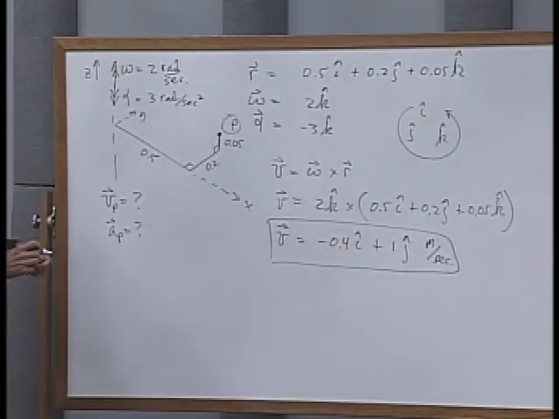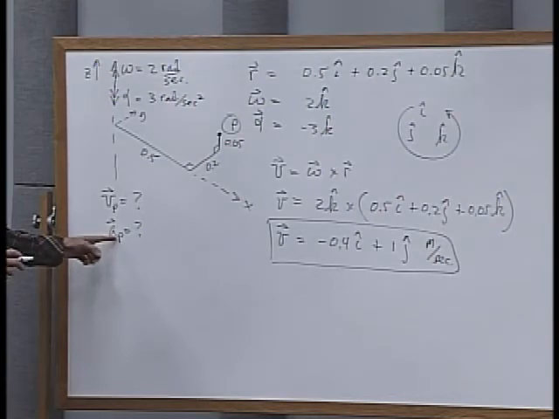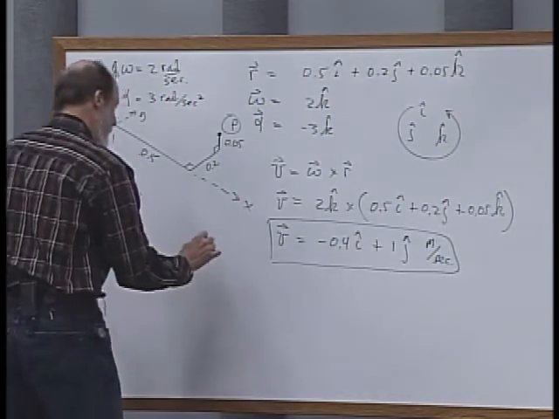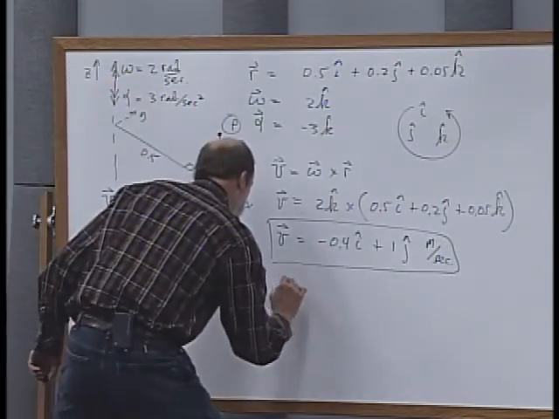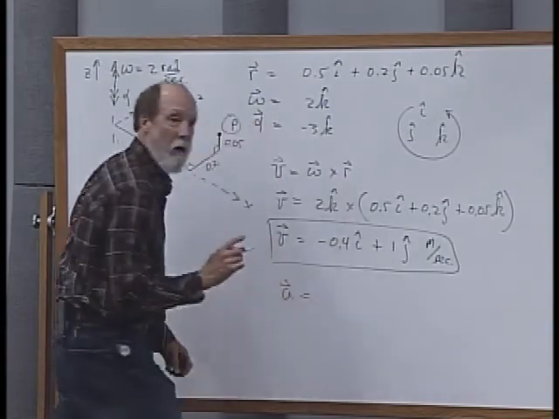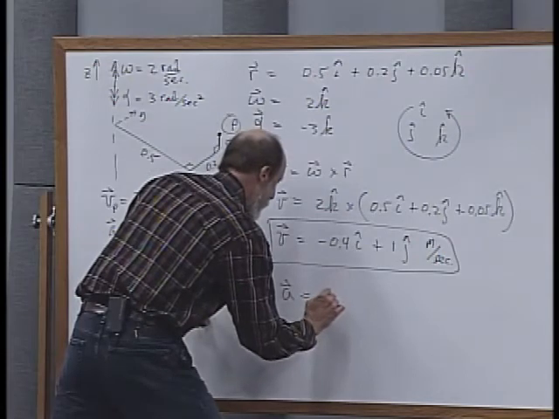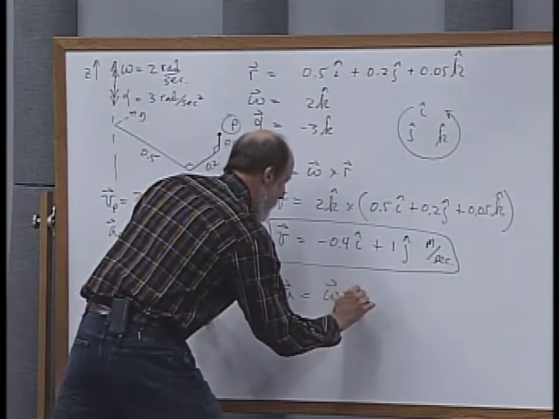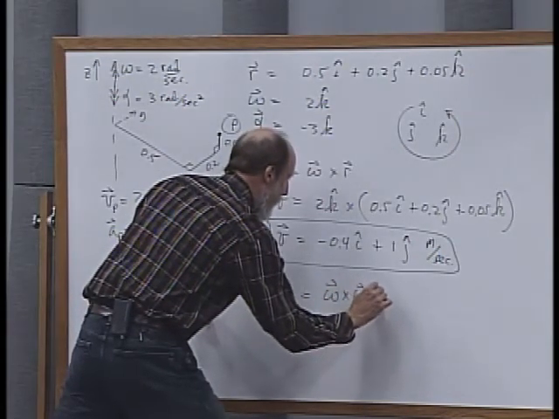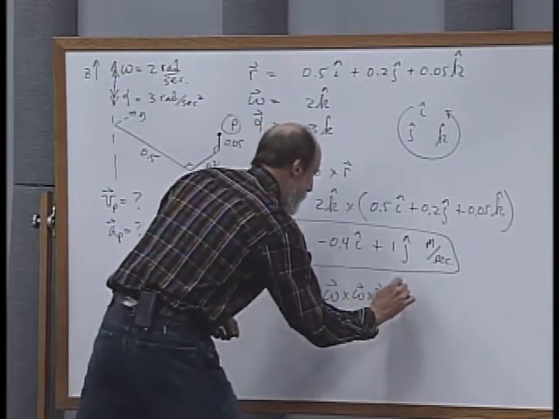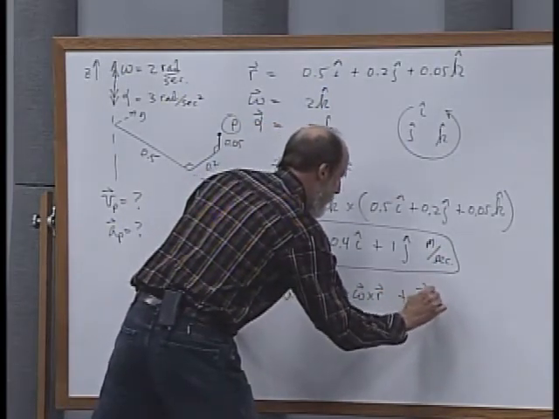Okay? The acceleration is made up of the normal and tangential vector components. So the normal term is going to be the omega cross r, plus the alpha cross r.